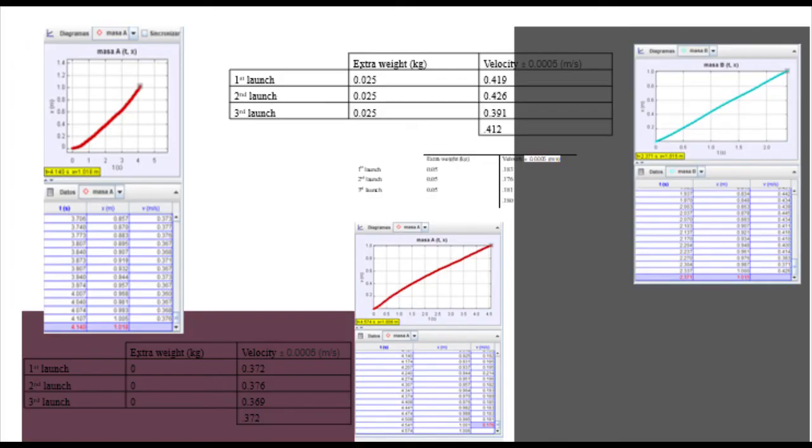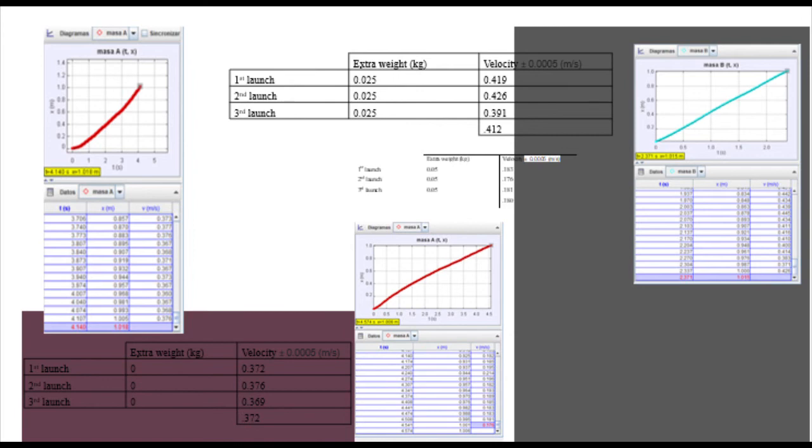Results. Analyzing the results that I get, the first trial with no extra weight gets an average velocity of 0.372 meters per second. The second trial with 0.025 extra kilograms gets an average velocity of 0.412 meters per second.